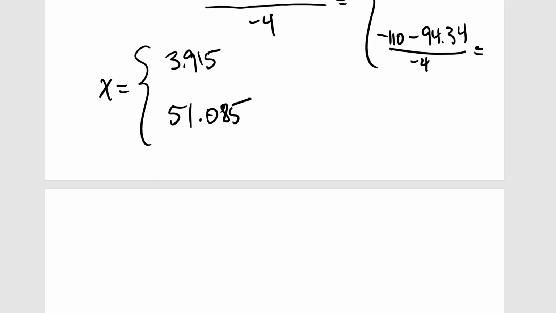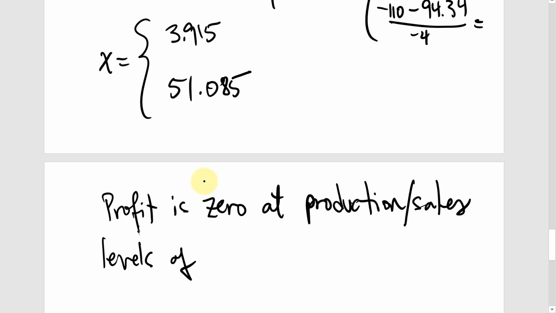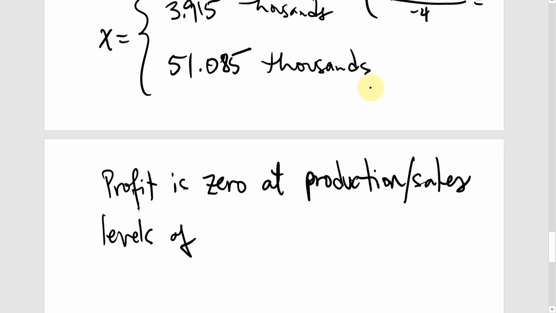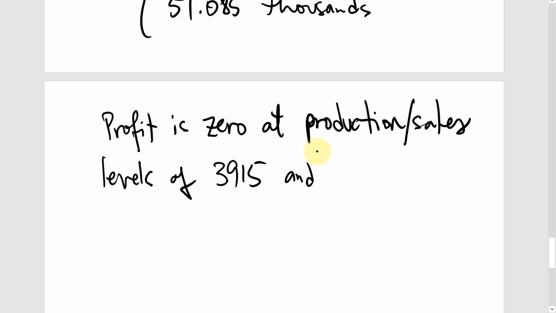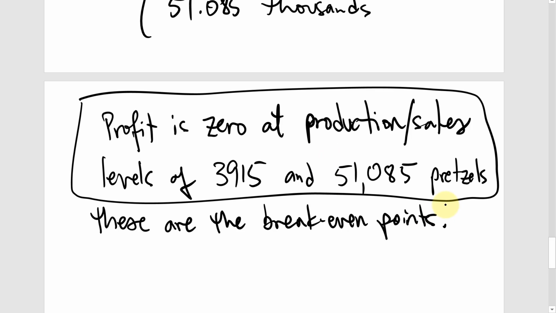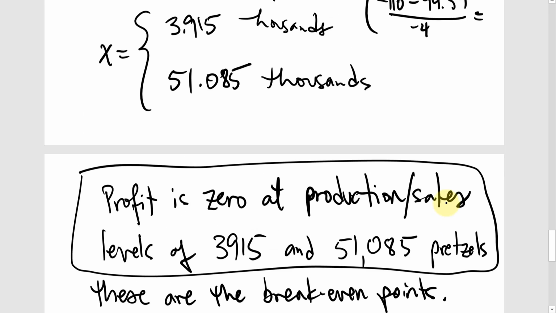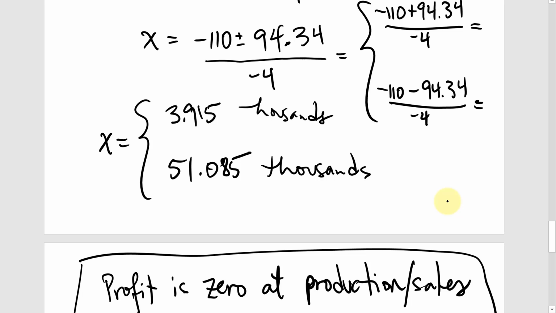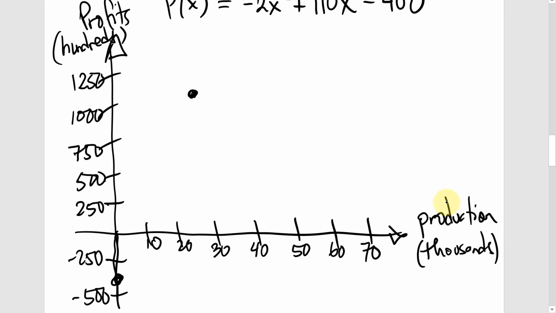So in the business context, those are the break-even points. Since X measured the production in thousands, that's actually 3,915 and 51,085. These are the break-even points. 3.9 and 51 in the graph, 3.9 maybe about here and about 51 in the graph.